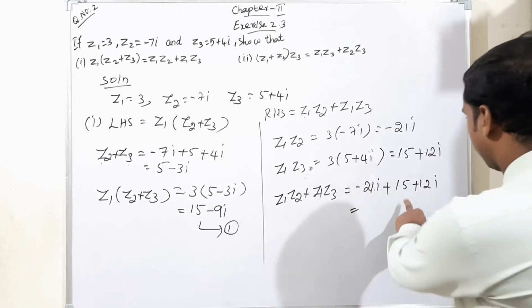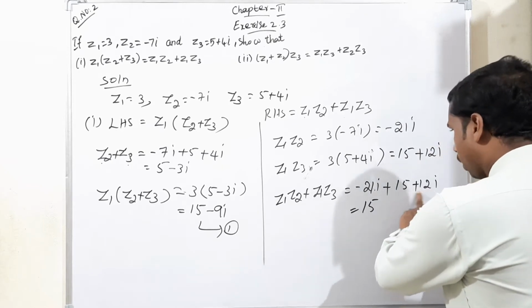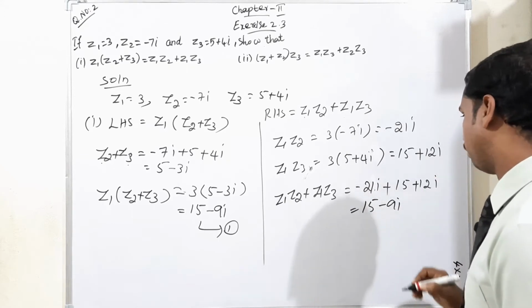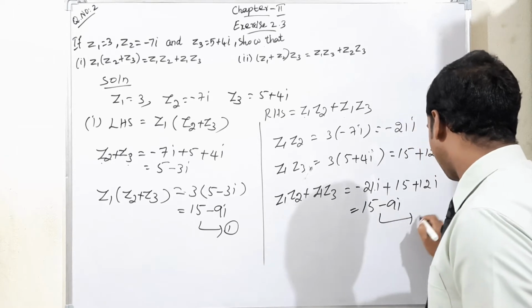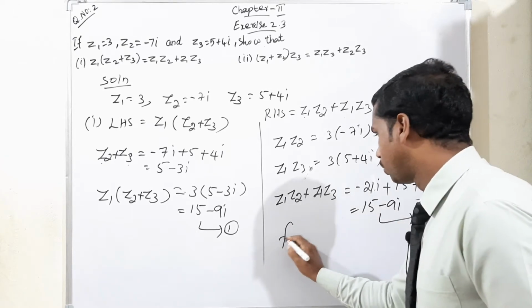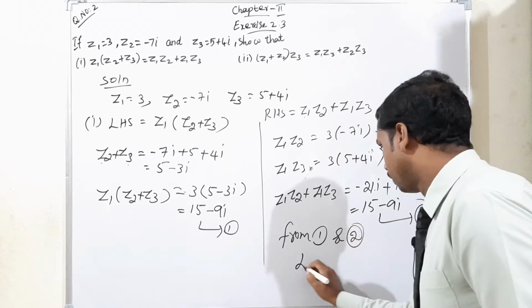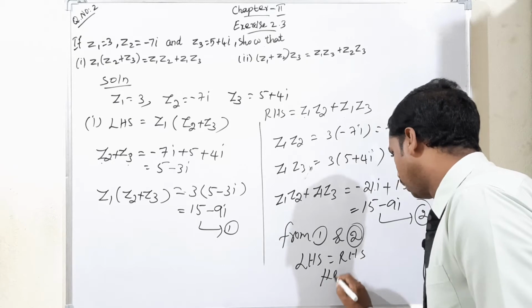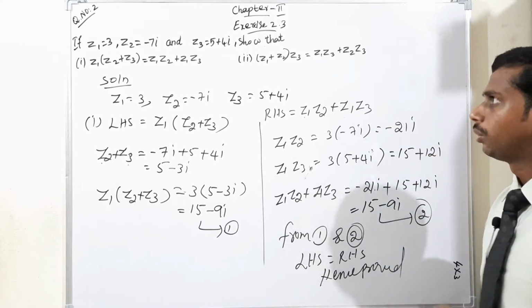So add it now, first the real part 15, then the imaginary part, actually plus 12 minus 21, definitely minus 9i will come. 15 minus 9i, isn't it? Therefore this is equation number 2. So from 1 and 2, LHS is equal to RHS. Therefore we can write, hence proved. Okay, this is the subdivision 1 answer.